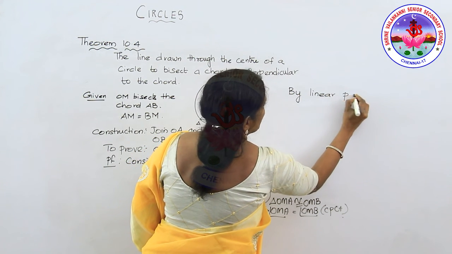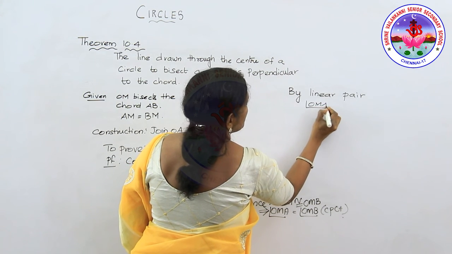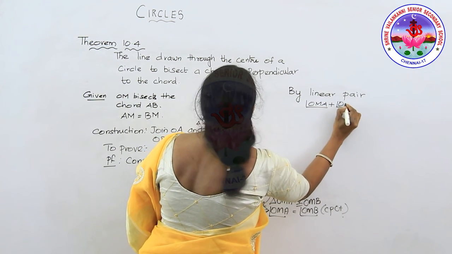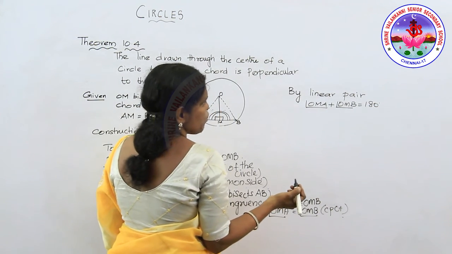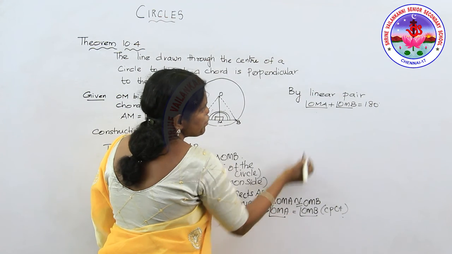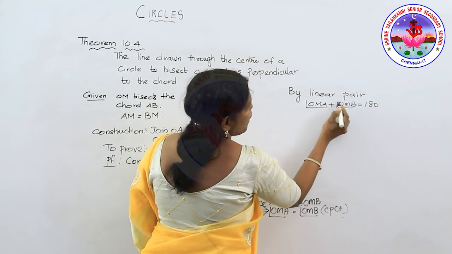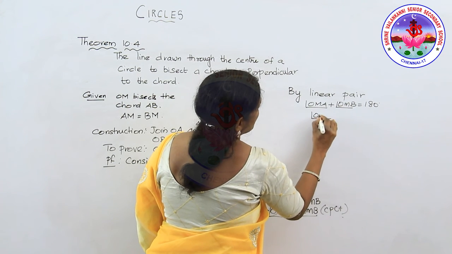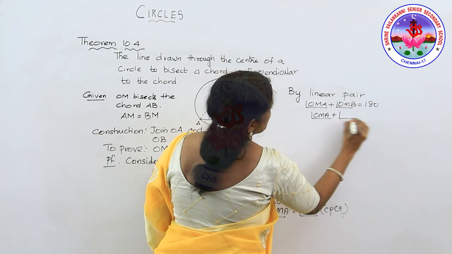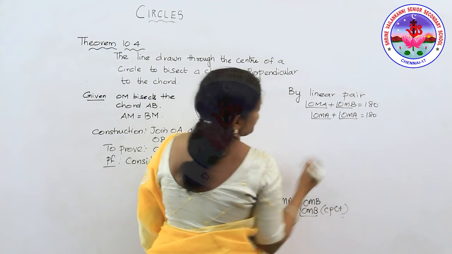By linear pair, the adjacent angles are angle OMA plus angle OMB. So those two adjacent angles sum to 180 degrees. Already we proved that OMA is equal to OMB by CPCT, so I am going to replace OMB with OMA. So I get angle OMA plus angle OMA equal to 180.